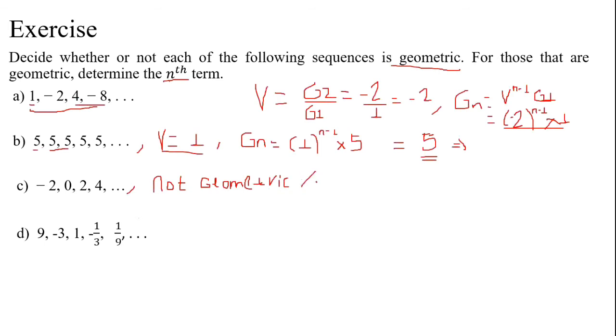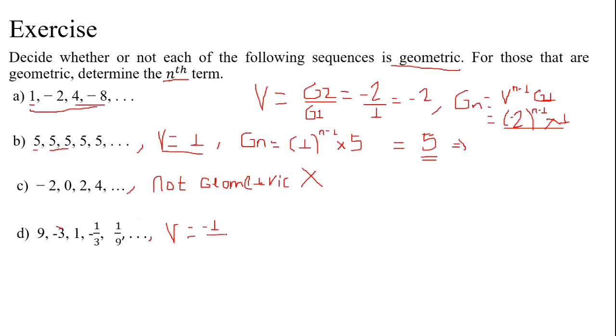And D says 9, minus 3, 1, minus 1 over 3, 1 over 9. Now let's find the common ratio R by dividing this term by the previous one. So minus 3 over 9 is minus 1 over 3.